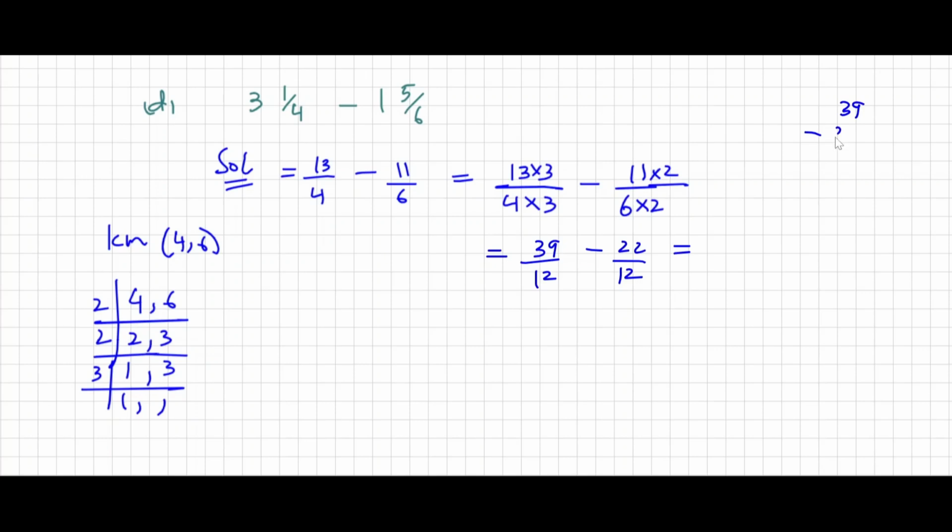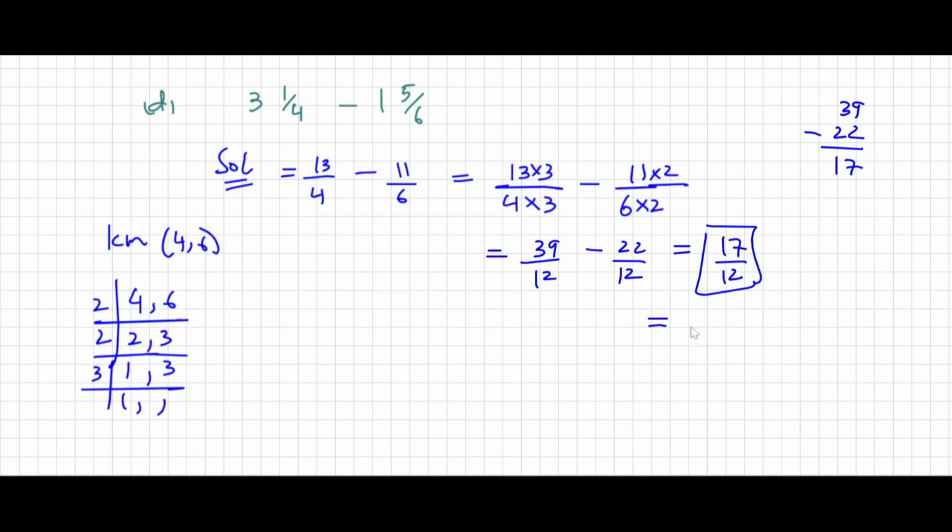39 minus 22, it's 9 minus 2, you will get 7. 3 minus 2, you will get 1. So in the last you will get 17 by 12. So that's the answer. Or let me simplify it, the most simplification.